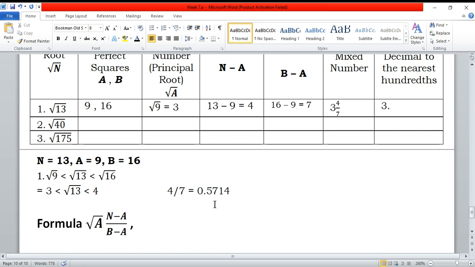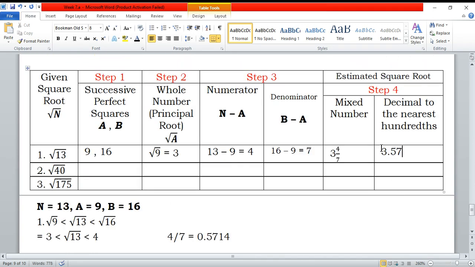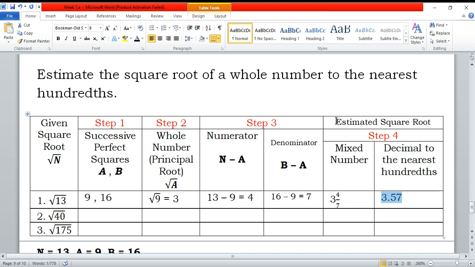Kasi nga, 1 ang nasa kanya. So, in short, ang katumbas nitong mixed number na to ay 3.57. Ang 3.57 ngayon, yan yung estimated square root ng square root of 13. To the nearest hundredths.